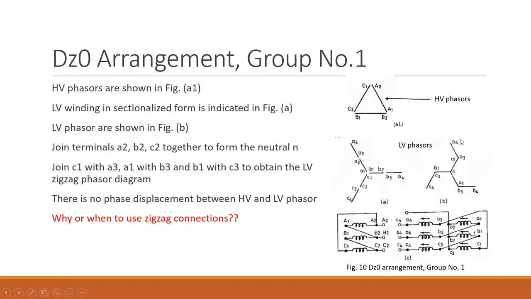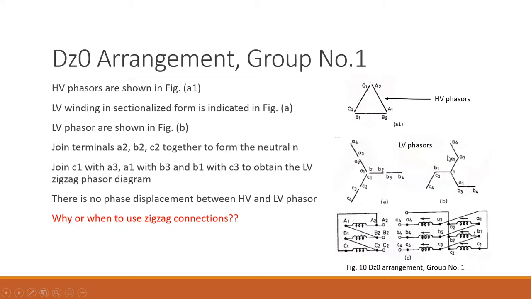You could see it is shown in the zigzag manner, basically A3, A4. Here C3 is connected with B1, and so on. So basically you will get this zigzag fashion diagram.